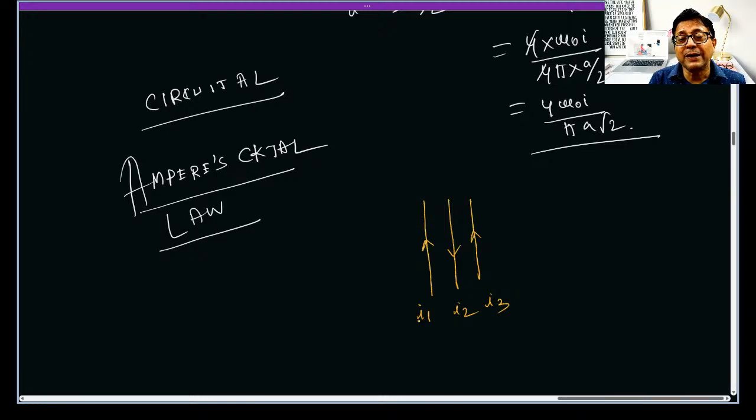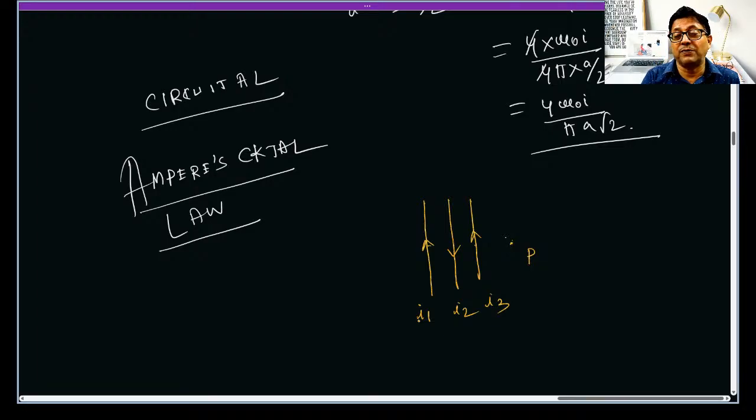We need to find the magnetic field at any point. I am taking this point, say P. How to find? We will find the magnetic field due to this, due to this, due to this, then vector addition or subtraction.